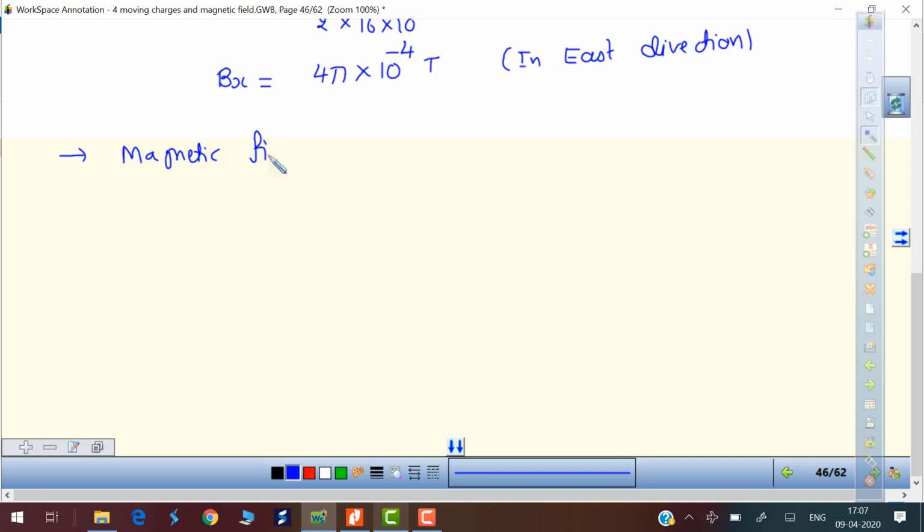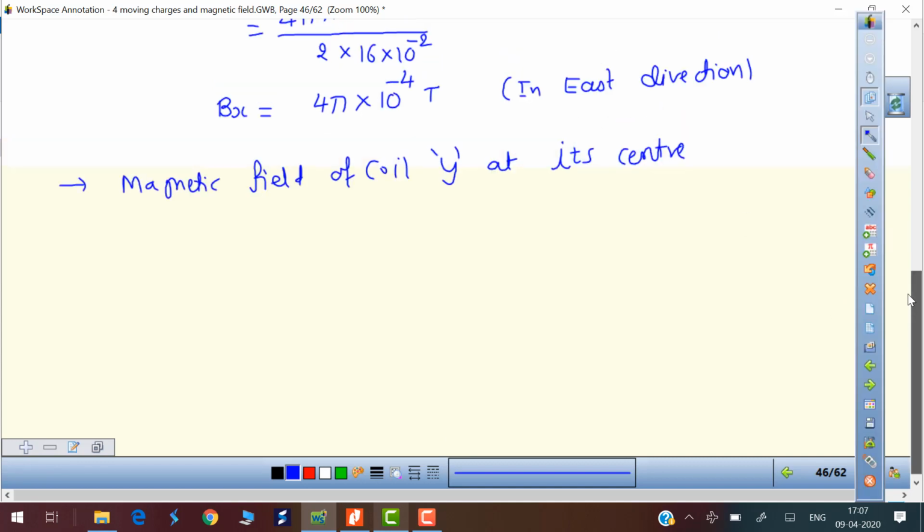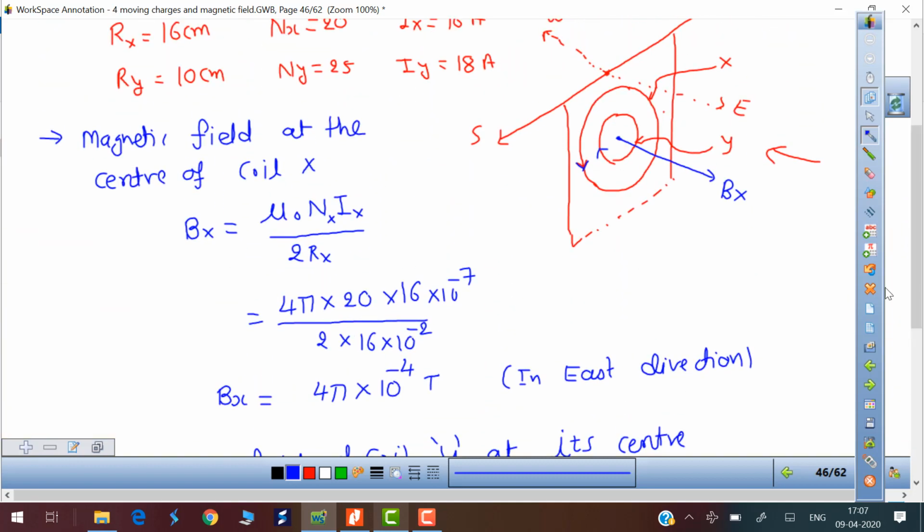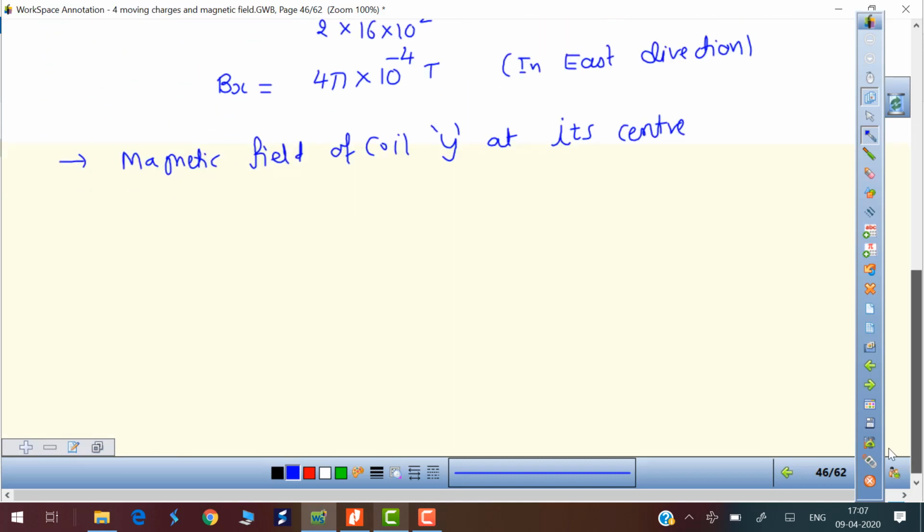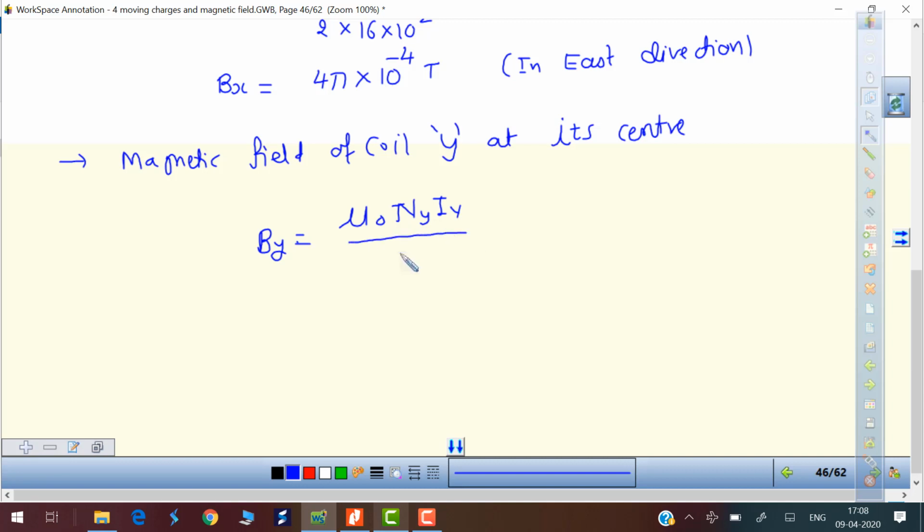Now we calculate the magnetic field of Y. Magnetic field of coil Y at its center. I think you missed that, right? The center. Yes, it is written. So B_Y is equal to mu 0 N_Y I_Y upon 2 r_Y.